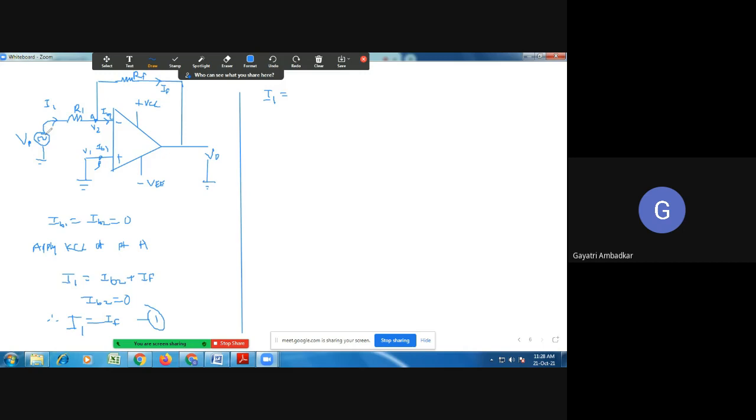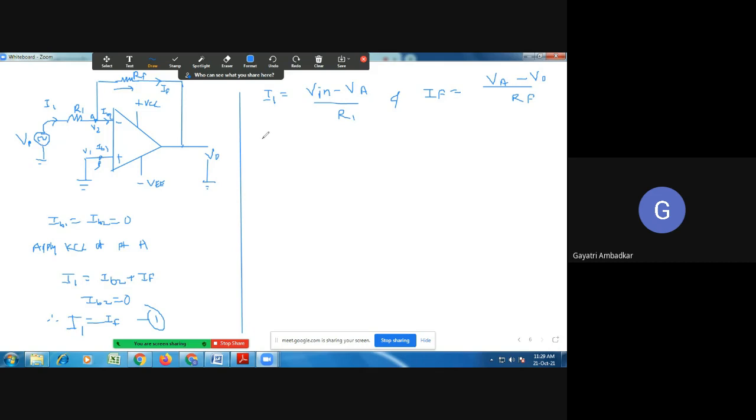Current is flowing in this direction, so it is V in minus VA divided by R1. And what is IF? This is the direction of current flowing IF, so IF is equal to VA minus VO divided by RF.